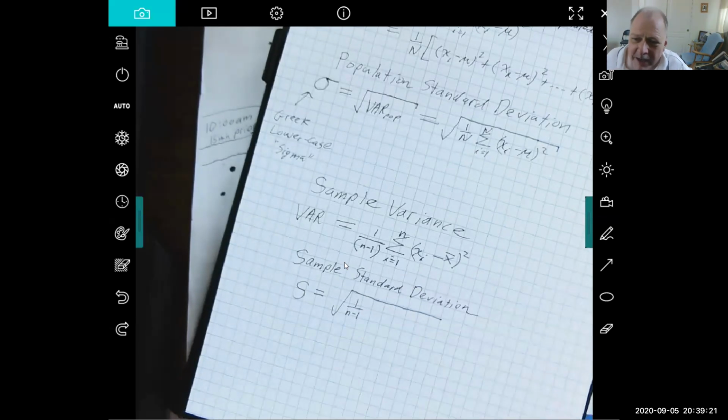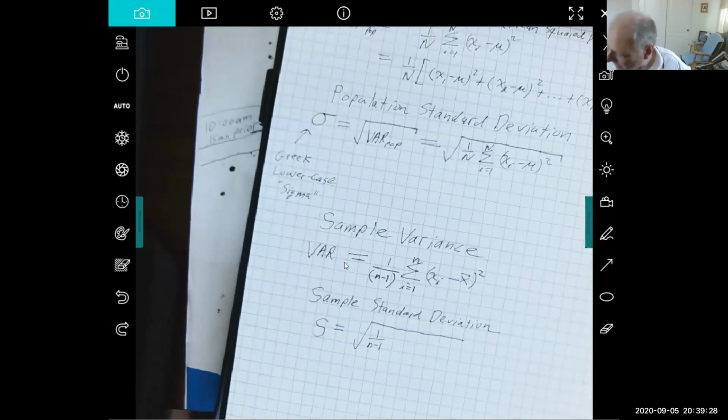And then to get the standard deviation, it's just the square root of the variance, same way it was before.